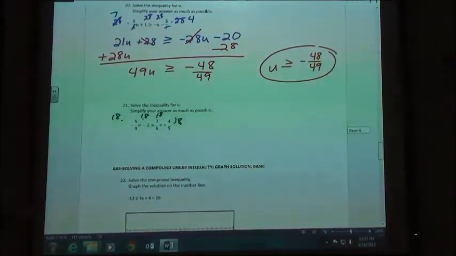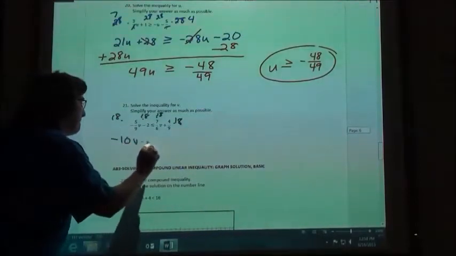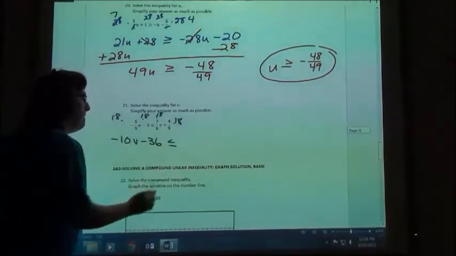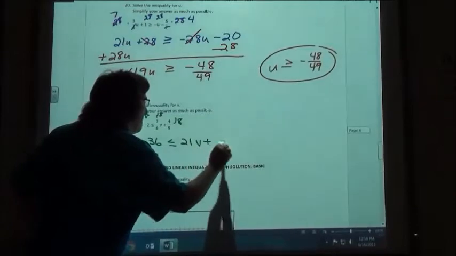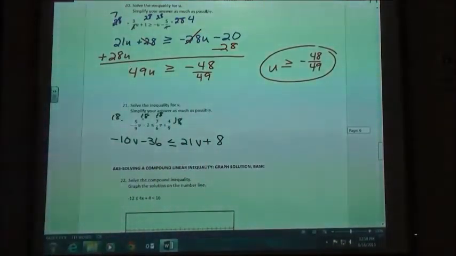Negative 10b minus 36 is less than or equal to 21b plus 8. Exactly. Negative 10b minus 36 is less than or equal to 21b plus 8.